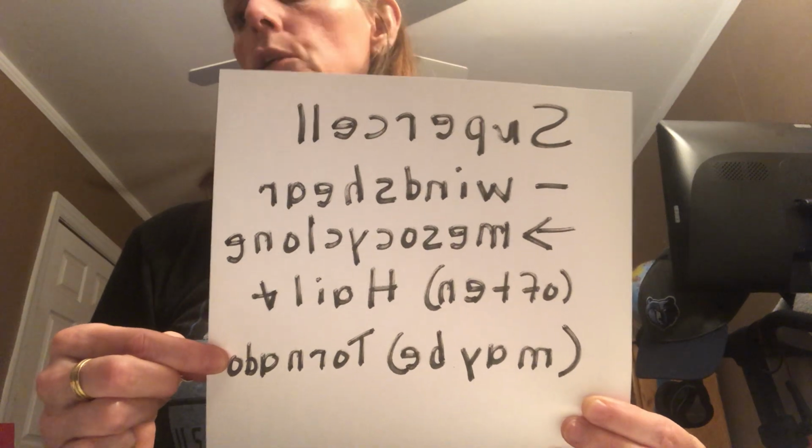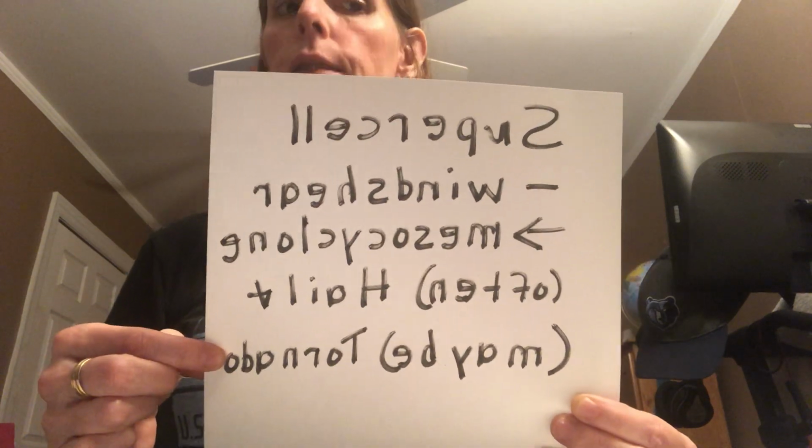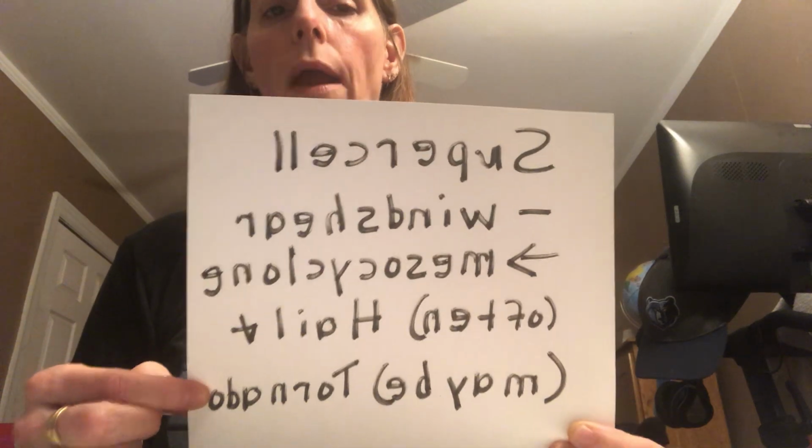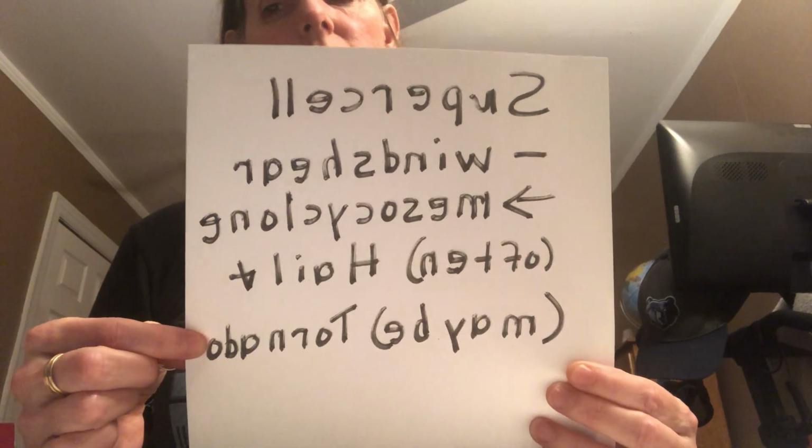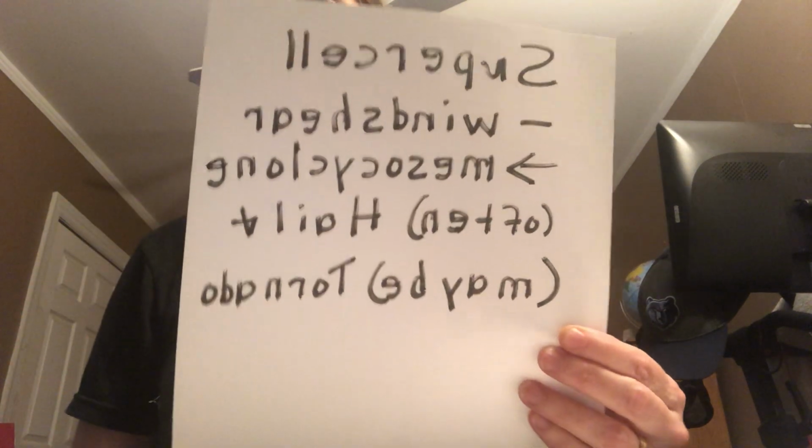So let me show you what makes a supercell different from just your regular thunderstorms, and why these are nasty. They're fascinating, but they're still nasty creatures. Wind shear is the key. I'll show you a diagram in just a minute, but it's when you've got wind at different levels blowing at different speeds and in different directions, as opposed to all the winds going the same way.